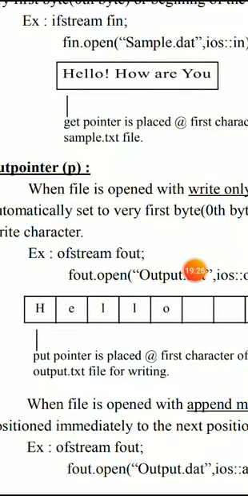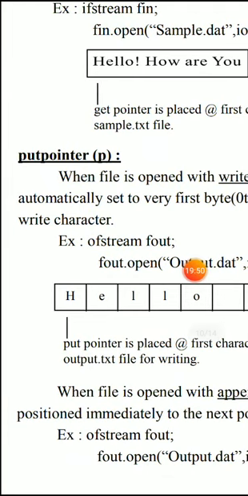The put pointer is automatically set to the first character position, where the programmer can start writing data, or it will start storing the first character of a file from the first character position.